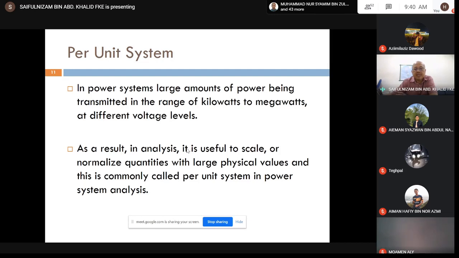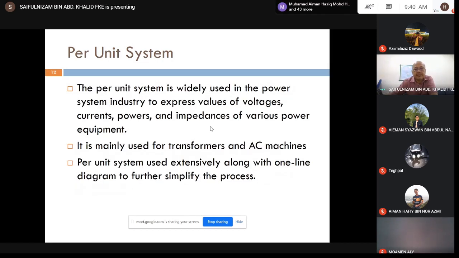The per unit system is actually a scaling mechanism, a method that provides a comparison in power system analysis. The per unit system is widely used in the power system industry to express values of voltage, current, power, and impedance of the various components, as I said.